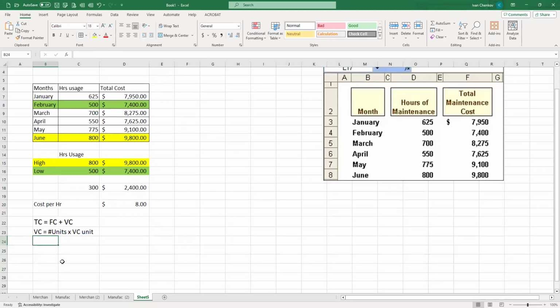So now our total cost is going to be equal to the fixed cost plus, in the brackets, number of units times variable cost per unit, correct? Everybody with me here?